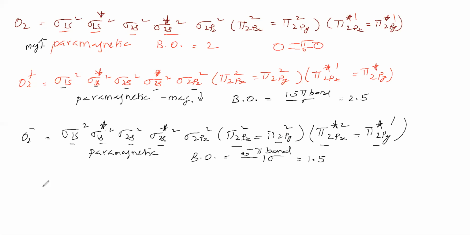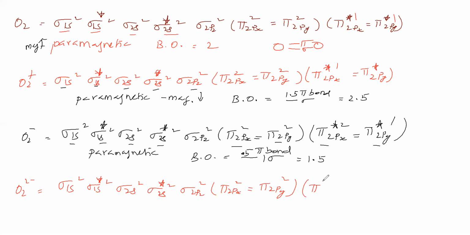Next, we will take O2 2 minus. To this superoxide you add one electron, you will get O2 2 minus. Now the electronic configuration is sigma 1s2, sigma star 1s2, sigma 2s2, sigma star 2s2, then sigma 2pz2, then pi 2px2 equal to pi 2py2, then pi star 2px2 equal to pi star 2py2.